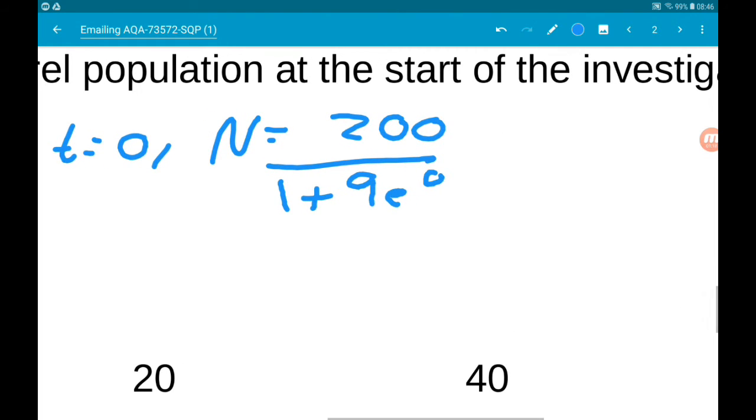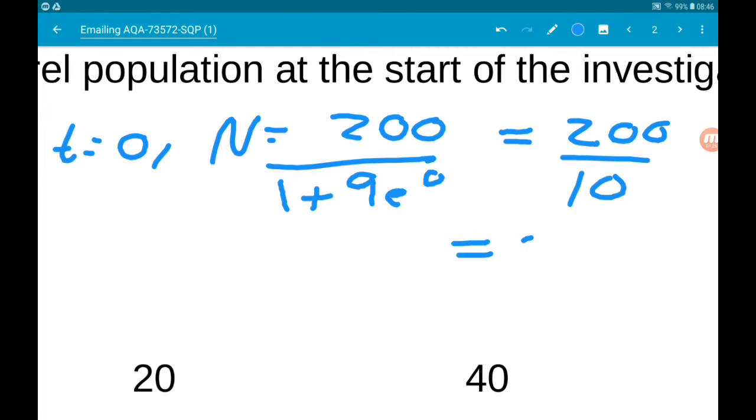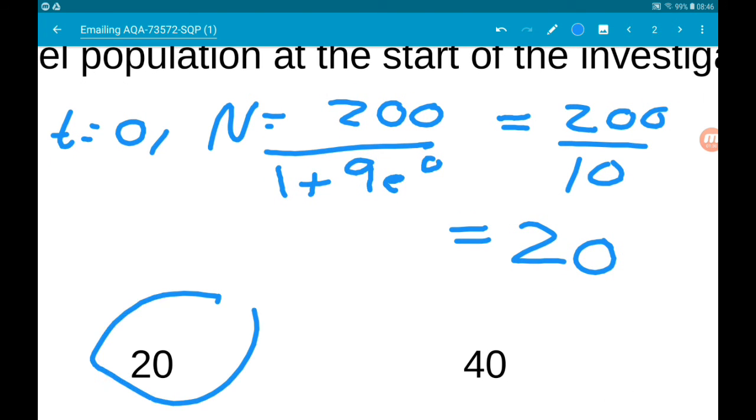E to the power of 0 is 1. So this is 200 over 10, which gives us 20. Cool.